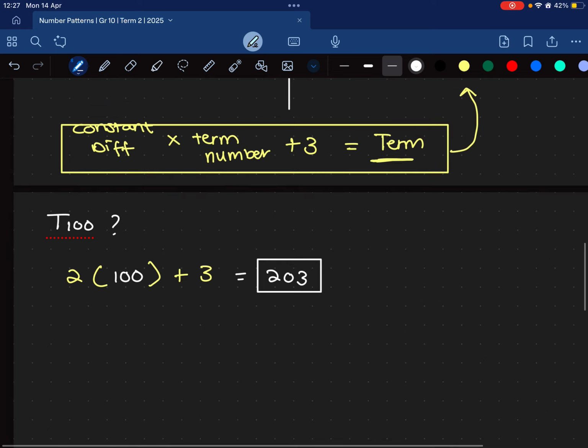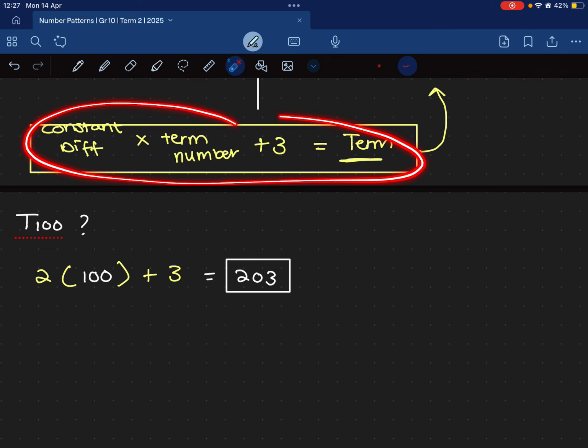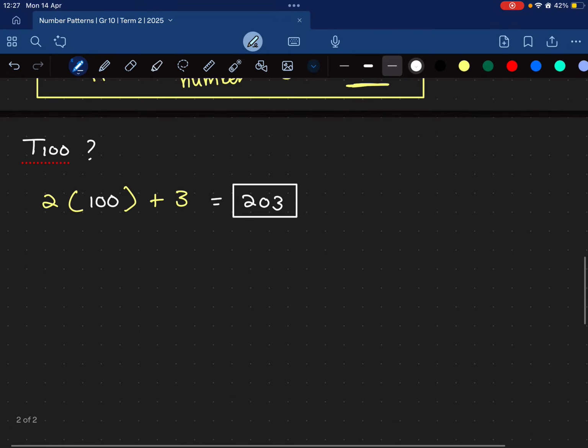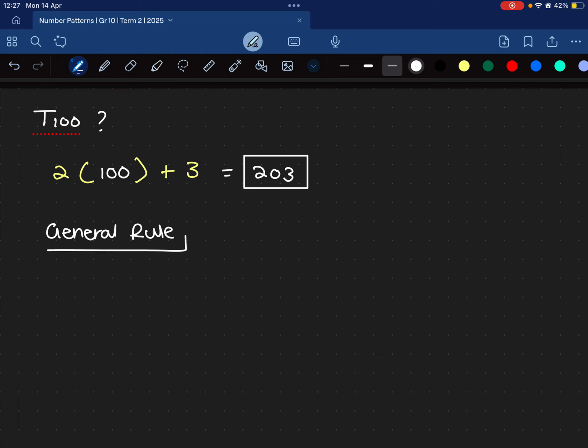So now we need to establish a rule that we can write mathematically. We can't just write out these words, because remember in maths we use variables and we try to write equations. So we find what is called a general rule.